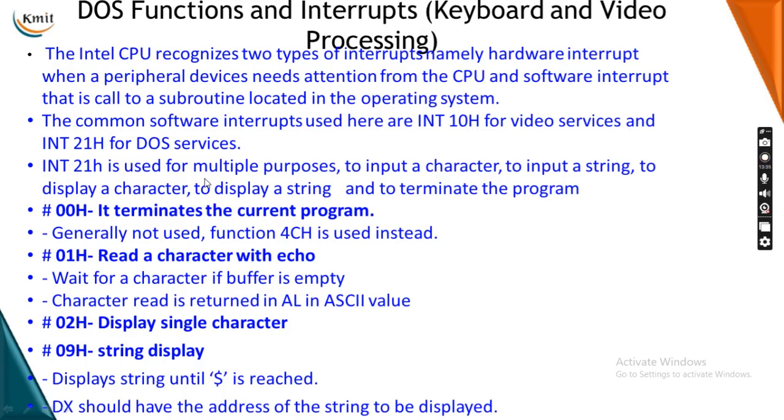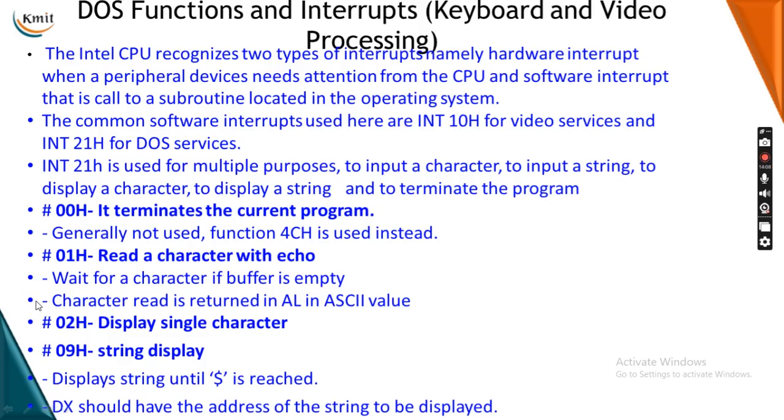INT 21H is used for multiple purposes: to input a character, to input a string, to display a character, to display a string, and to terminate the program. So INT 21H is used for displaying data on the DOS command prompt and to terminate the program. INT 00H terminates the current program, but basically we will not use 00H, we will be using INT 4CH.